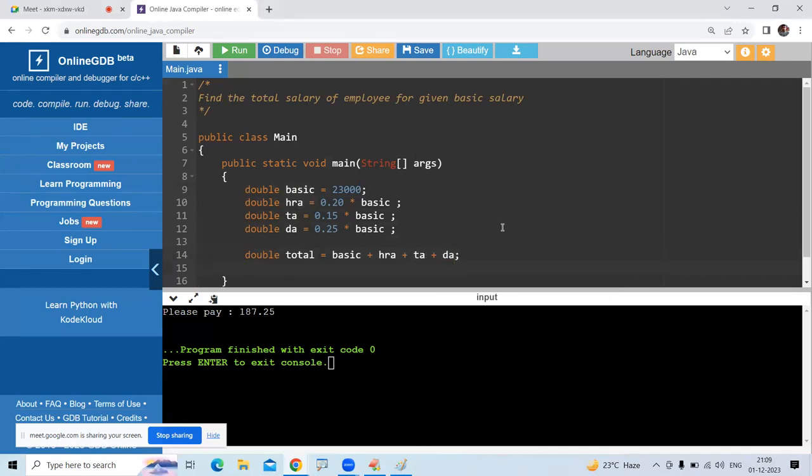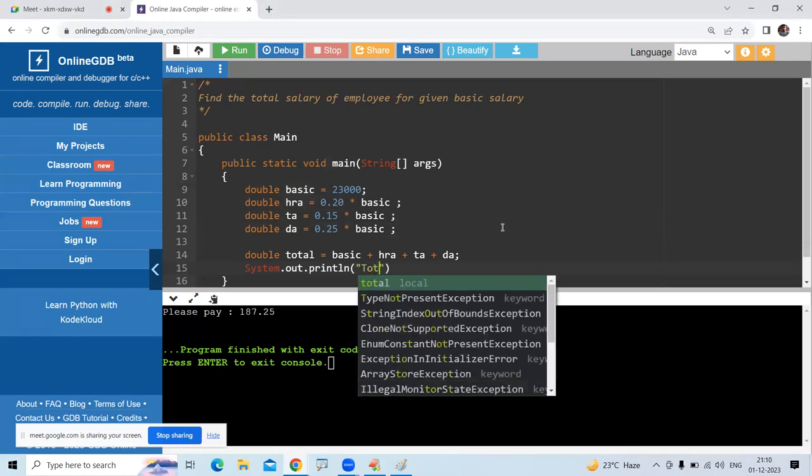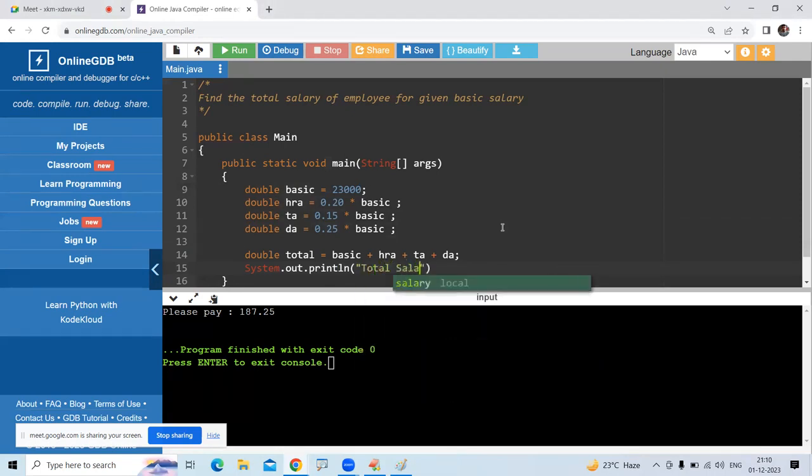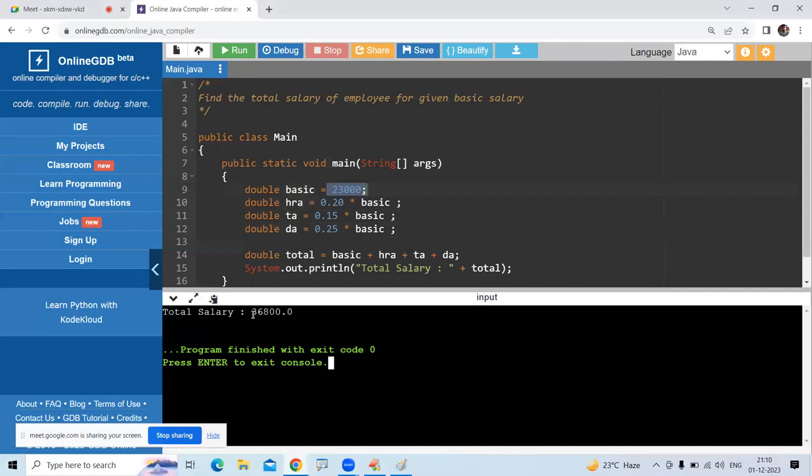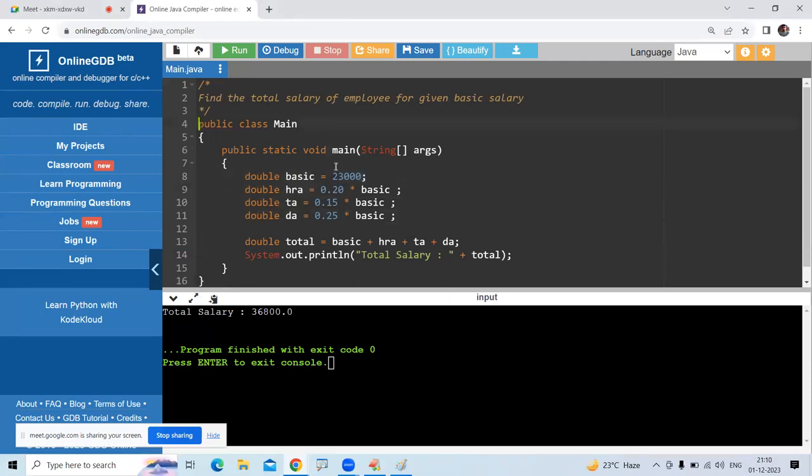Any taxes we can deduct, minus. This is a simple one. Here we are printing the total salary. For 23,000 basic salary with all add-ons, the total salary the employee got is 36,800 rupees. This is the simple way of calculating the total salary.